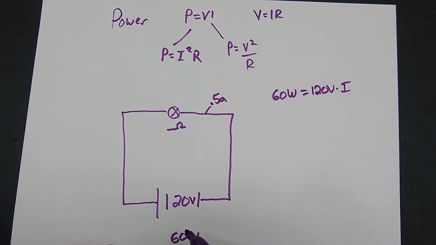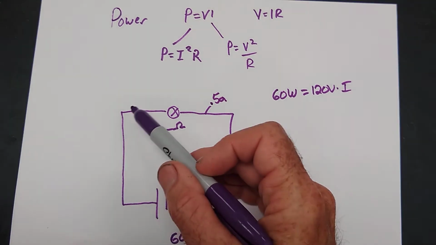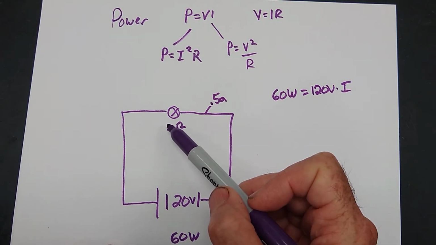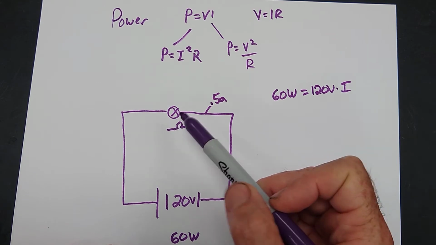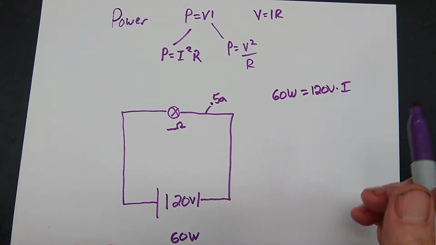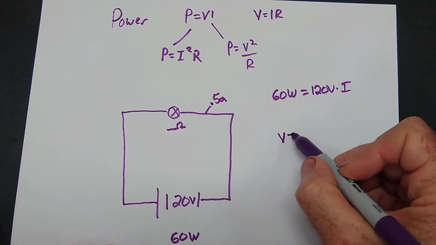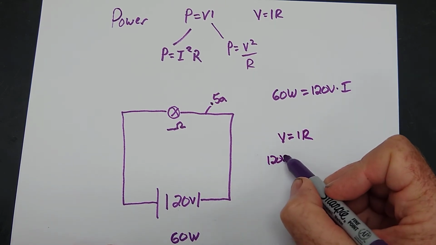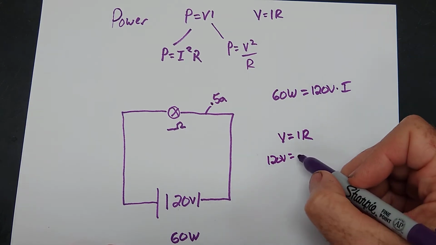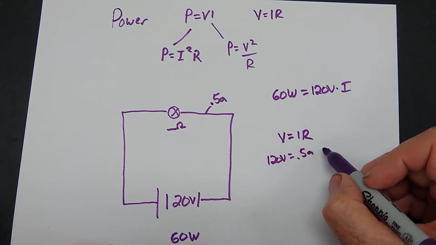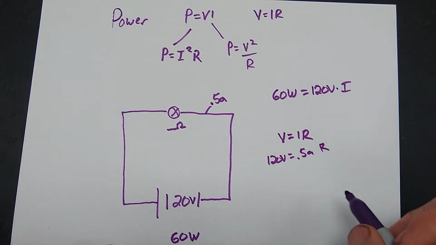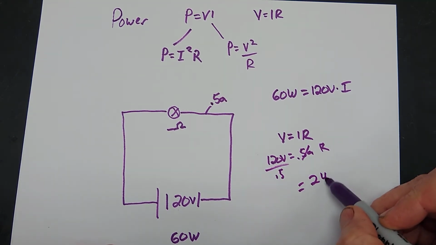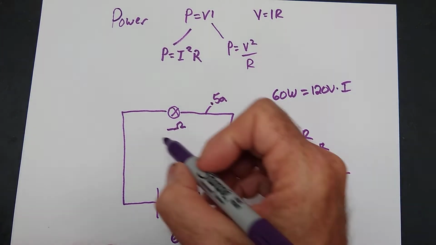Now that I know this 60-watt bulb uses 0.5 amps in a 120 volt circuit, now I can easily calculate the resistance of the bulb using V is equal to IR. 120 volts is equal to 0.5 amps times a certain resistance. 120 divided by 0.5, that is a 240 ohm resistor.